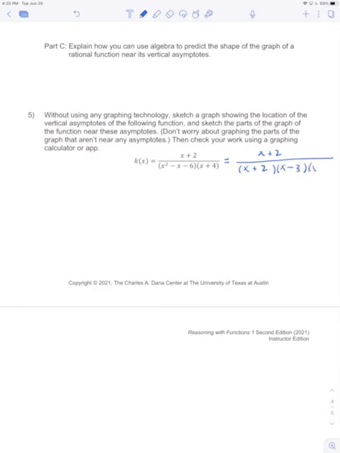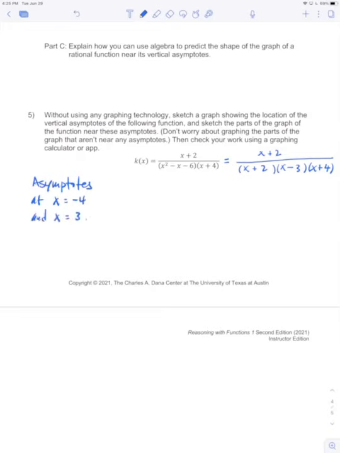And then we still have the x plus 4, which we'll just copy down. So there we go. So what we can see here is there are going to be asymptotes at x equals negative 4 and 3. So at x equals negative 4 and x equals 3.